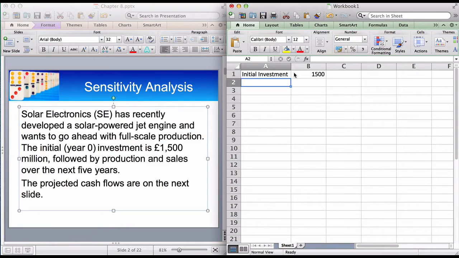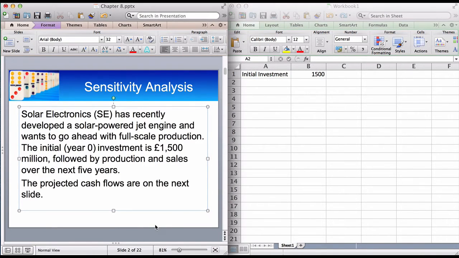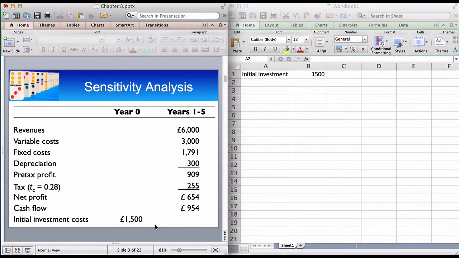So the initial investment, that's the time zero investment, is 1.5 billion pounds, and the project will last for 5 years. Now the cash flows are as follows. Now what I'm going to do is write these down.